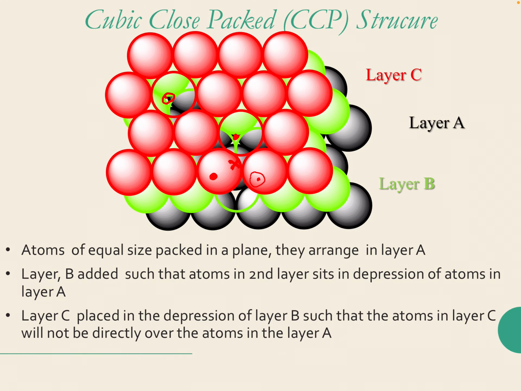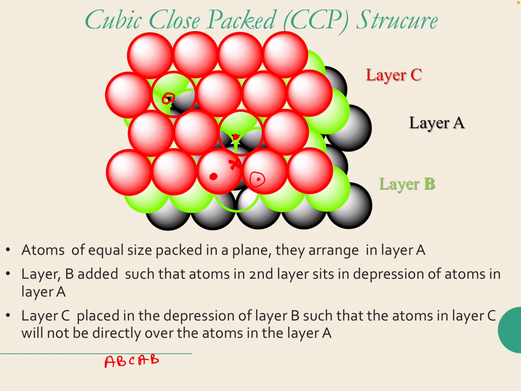So as you can see, layer C atoms are sitting in the depression formed by layer B, but they are not above the atoms in layer A. If this is the case, they form a stacking like ABC, ABC.